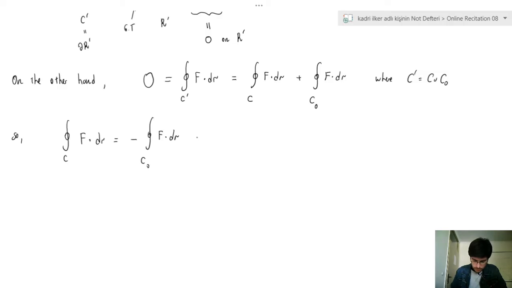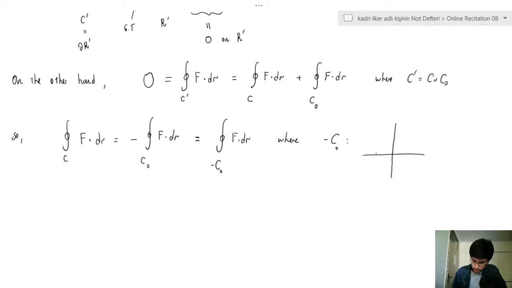But this is just a unit circle in a negative orientation. Remember the meaning of the notation: minus C0 means exactly the same curve, but in a positive orientation.